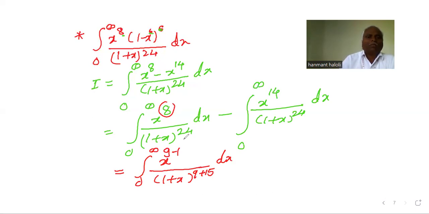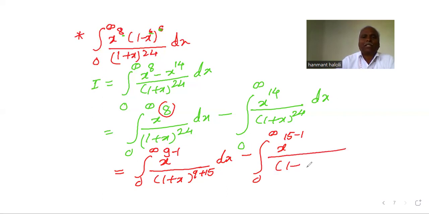Now 24 means if you subtract 9 from 24 you get 15, that is right. Similarly for the second integral, integral 0 to infinity x raised to 14, plus 1 is 15, 15 minus 1, divided by 1 plus x raised to 15 as it is, and 24 minus 15 we get number 9, dx.